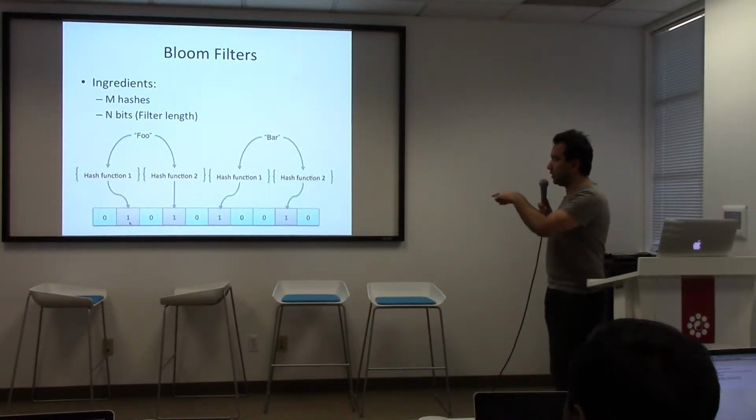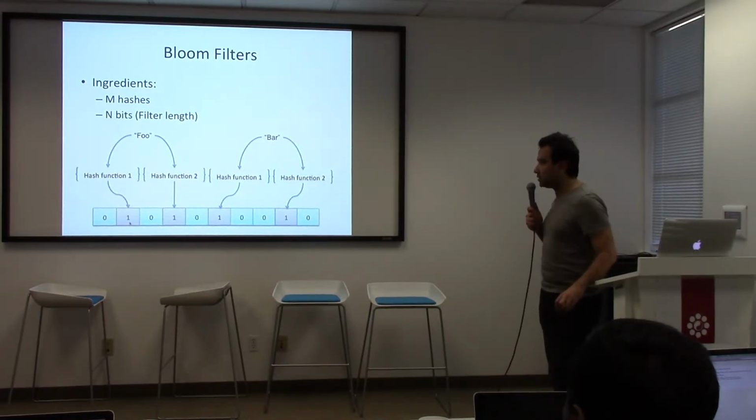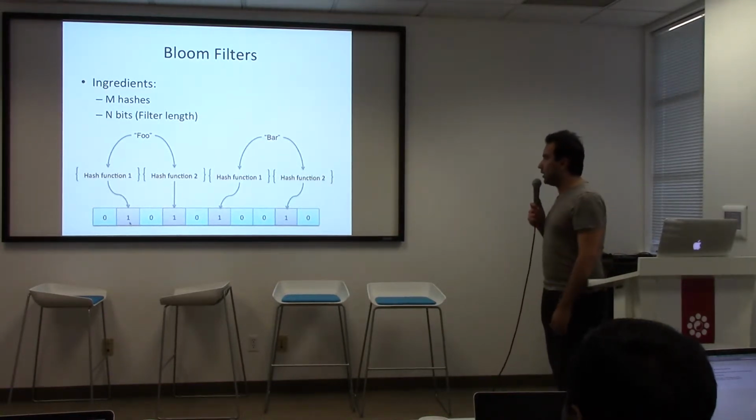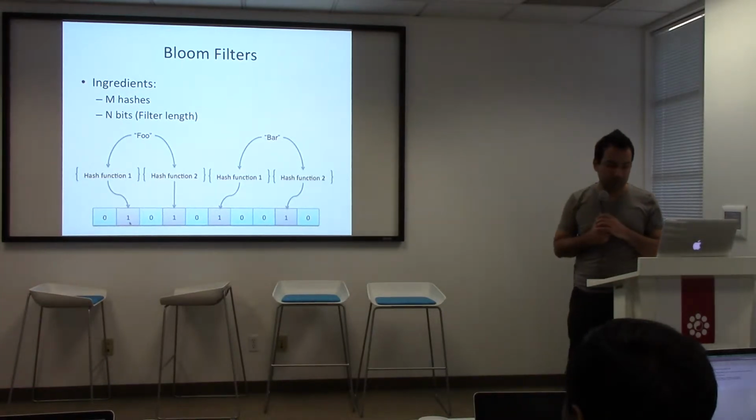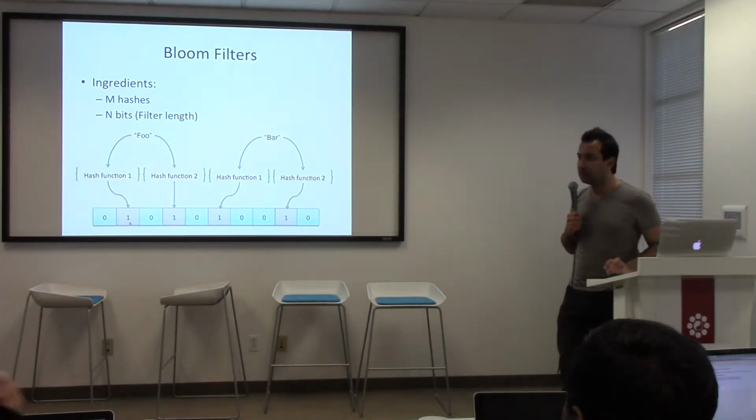And then I pass it through another hash function, and it says the fourth bit, turn it to 1. And then I turn it to 1. And I keep doing this for any of the things that I want to filter information about.